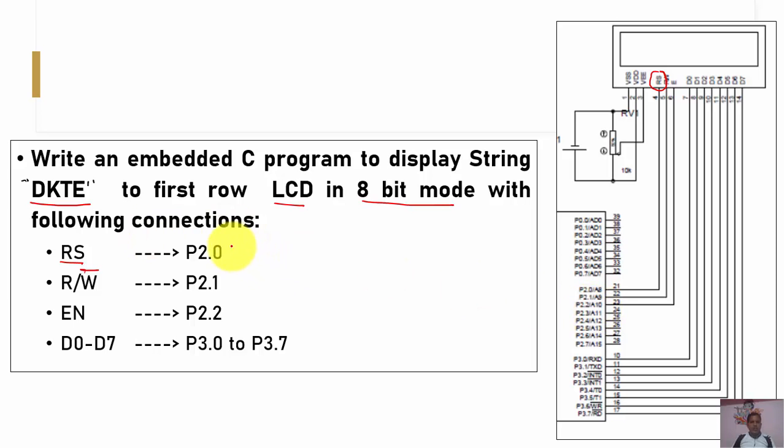These are the control pin connections. The command or data that we forward from the 8051 microcontroller goes to the D0 to D7 data lines of the LCD through P3.0 to P3.7.